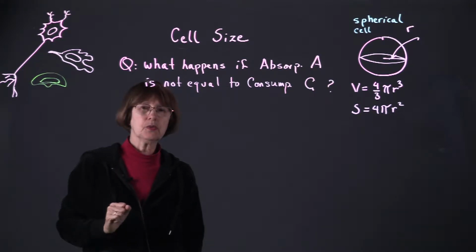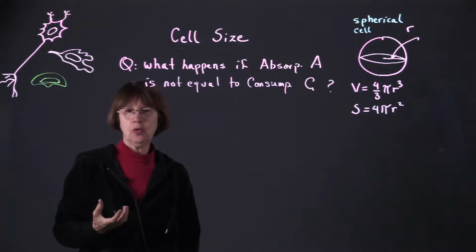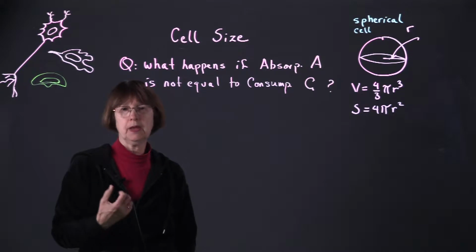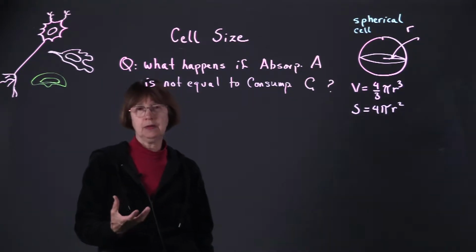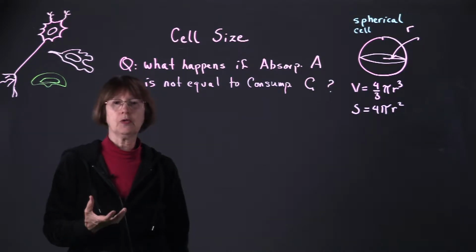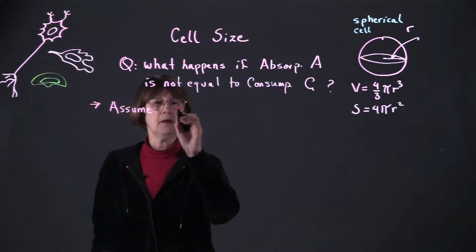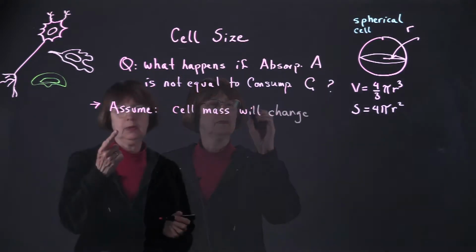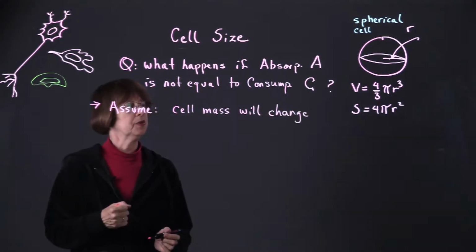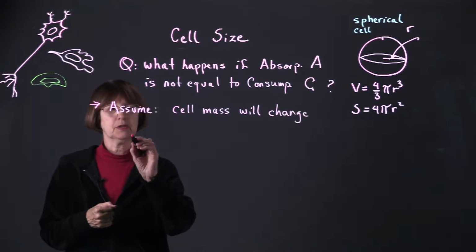Well, it stands to reason that in that case, if more nutrients are absorbed than can be consumed, the cell is able to grow and put some of that nutrient into growth or increase of mass. The cell mass will therefore change. Let's think, what is a reasonable assumption for the way that the mass changes?